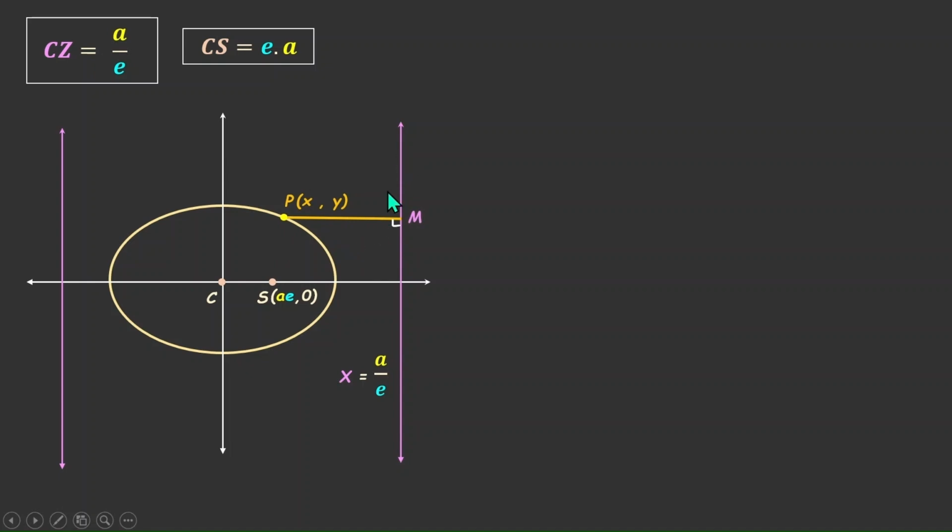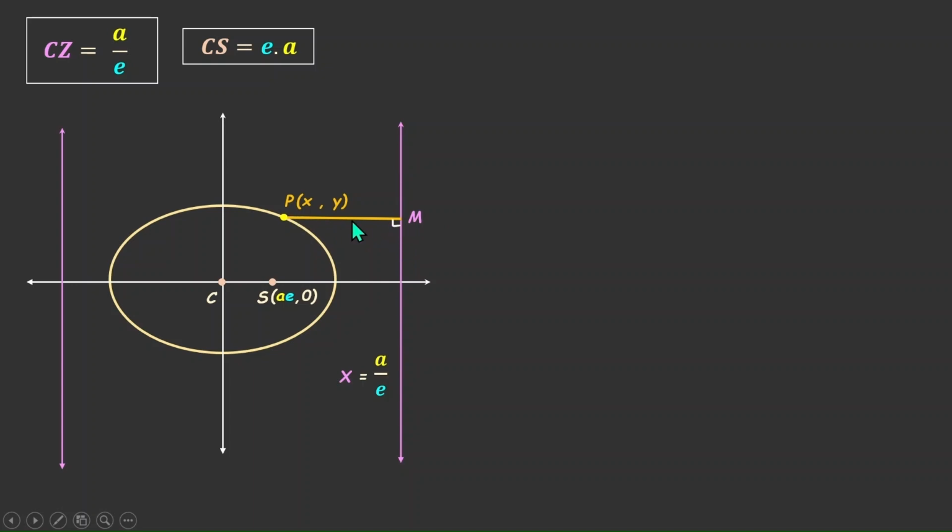And let's say the perpendicular drop is at a point M on this line, such that the coordinates of point M would be, first, it is on the line x is equal to A divided by E. So the x coordinate would be A by E and the y coordinate of M would be exactly as P. So the y coordinate would also be y because the perpendicular is straight perpendicular to the vertical line.